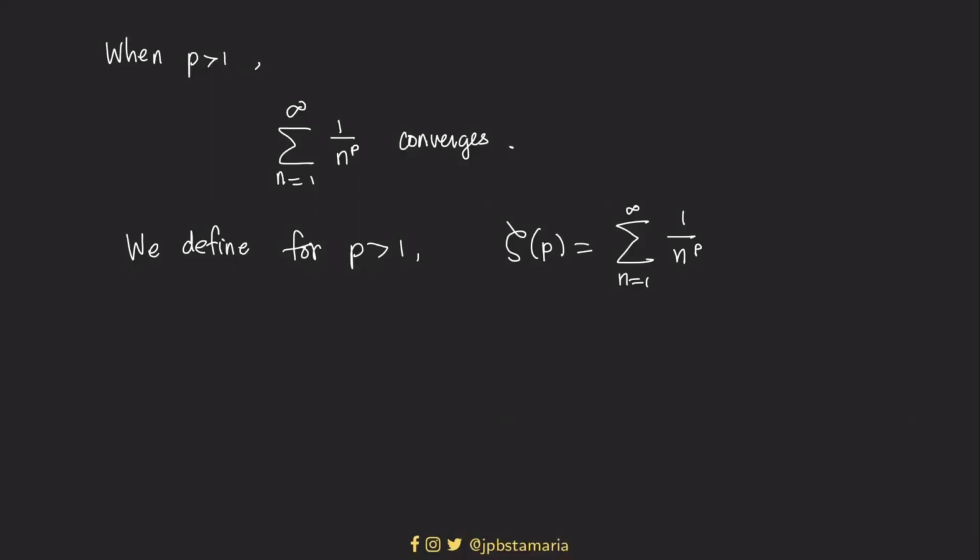This zeta in mathematics is what we call as the Riemann zeta function. Okay? Yung Riemann zeta function na yan ay valid lang, yung formula na yan ay valid for p greater than 1 at kapag si p ay real number.